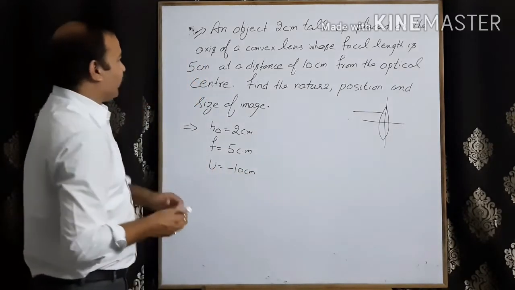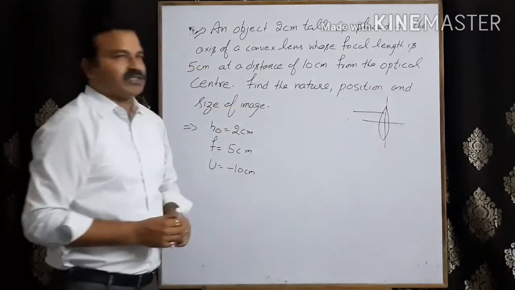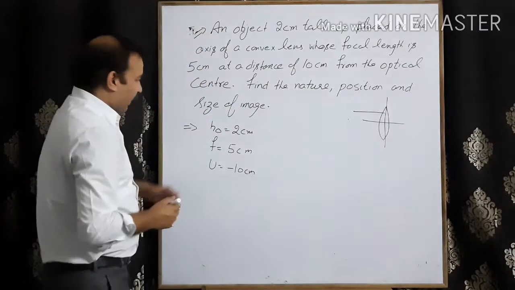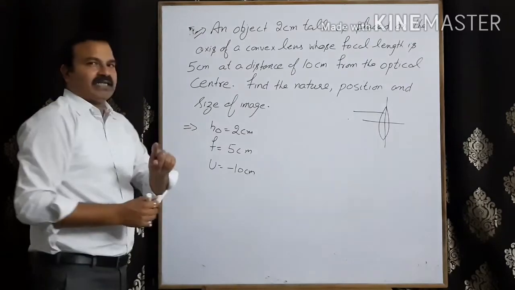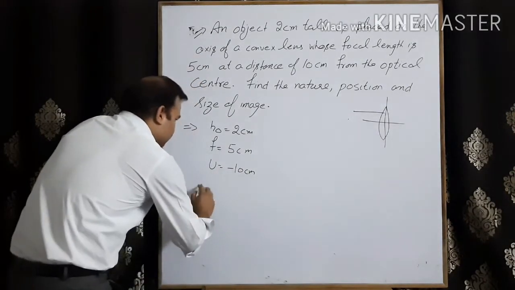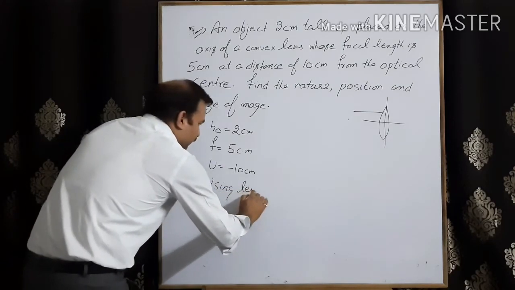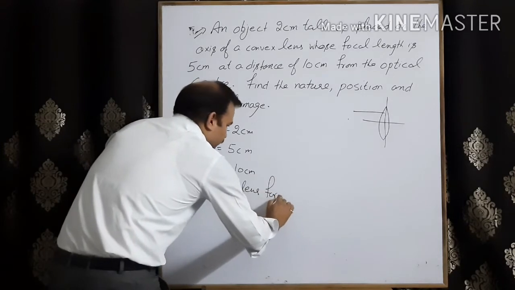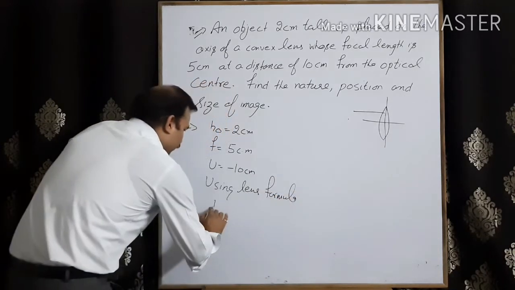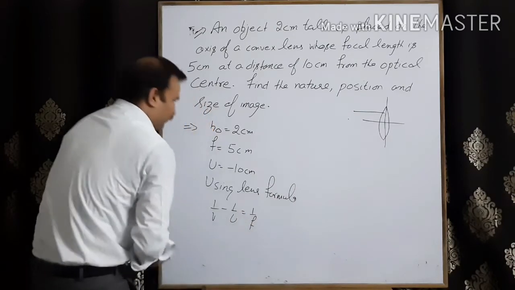Now what do we have to find? We have to find the nature, position and size of the image. As we have f and u, let us find v first. Using the lens formula, 1 by v minus 1 by u is equal to 1 by f.